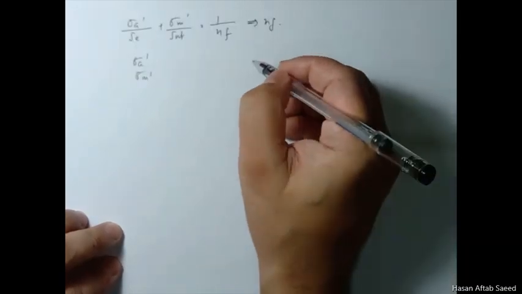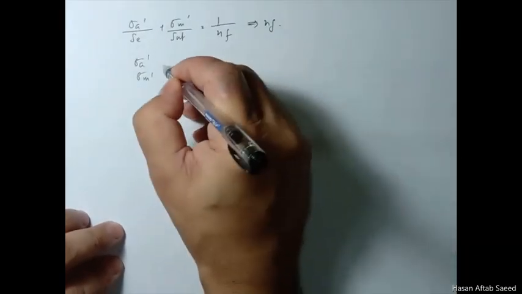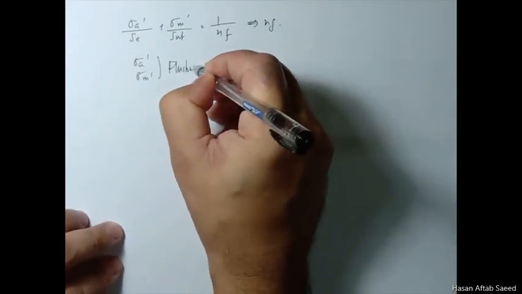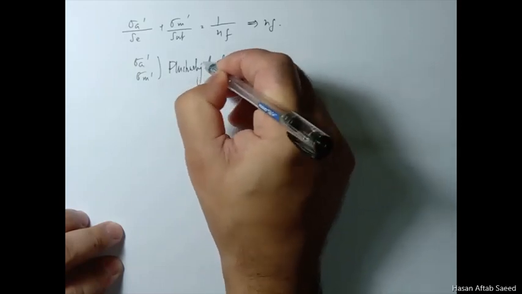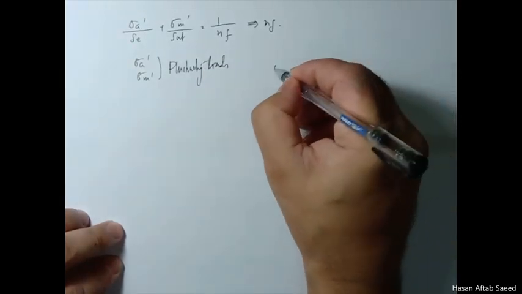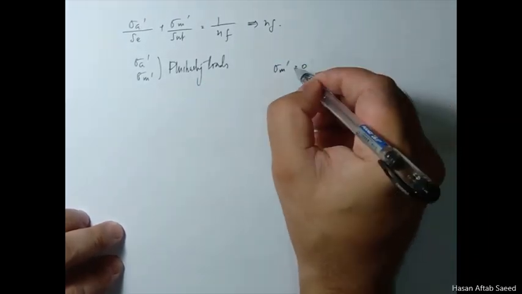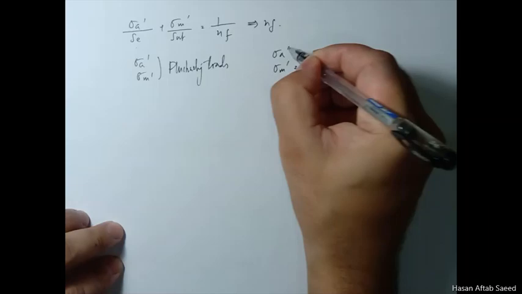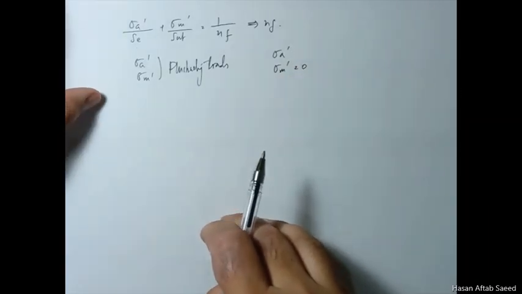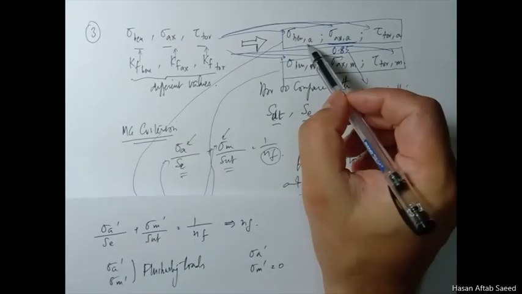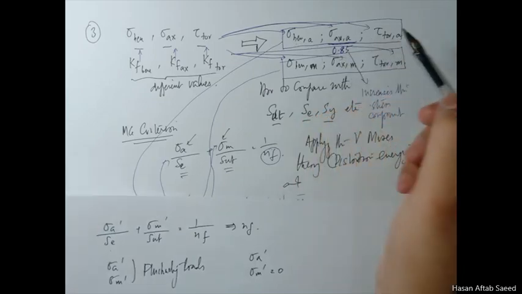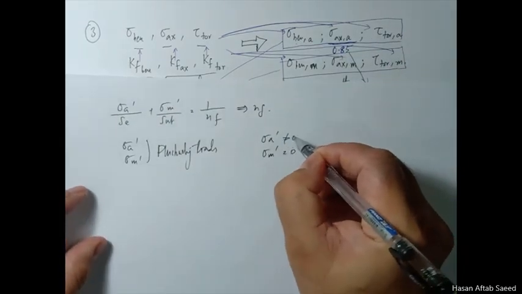But if it's a case of fully reversed fluctuating, then sigma m prime will be 0. All your mid-range components are 0, and some of your amplitude components will have values, so you will have this not equal to 0.